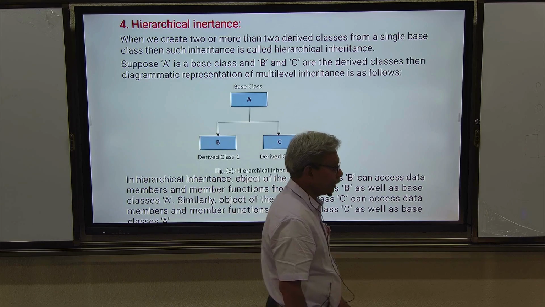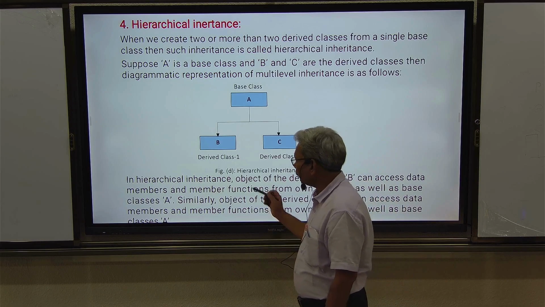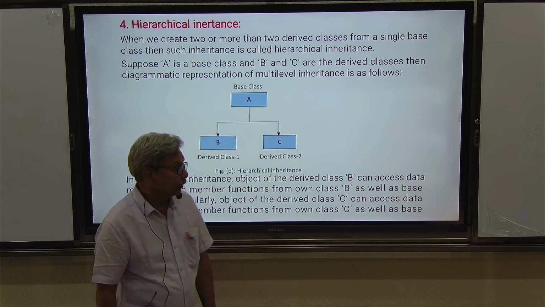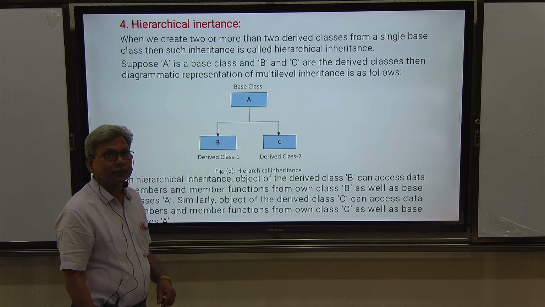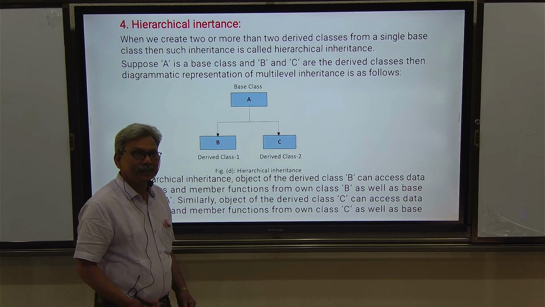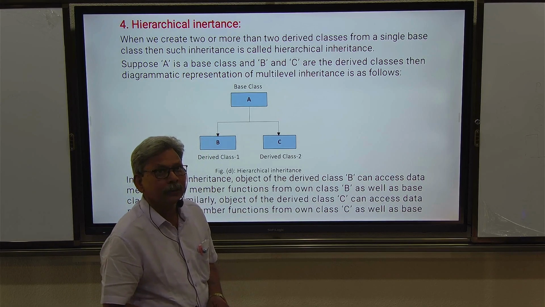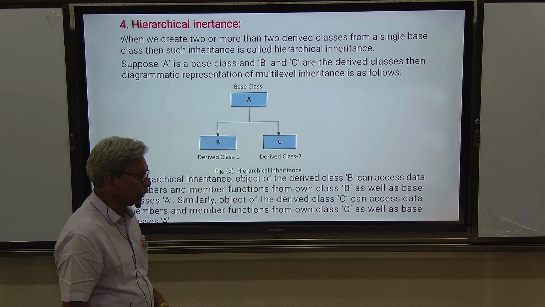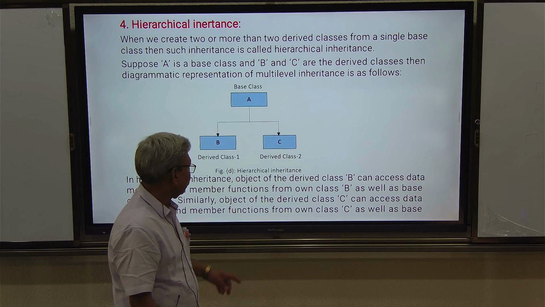Then in hierarchical inheritance, an object of the derived class B can access data members and member functions from its own class B as well as base class A. Similarly, an object of the derived class C can access data members and member functions from its own class, derived class 2, C, and base class A.